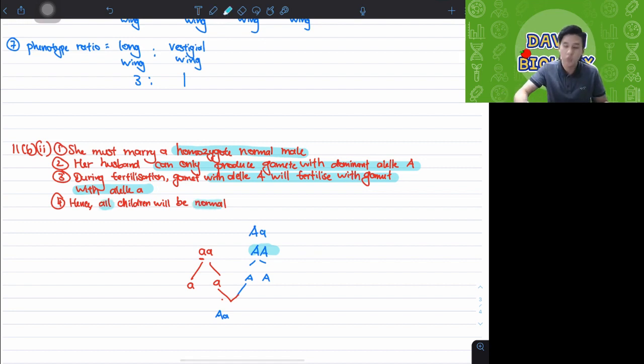All children will be normal. So that's what we explain over here. First, you mention what husband and then what gamete he has. Gamete, fertilization, then the child. Okay, so in inheritance kind of question, we always say what gamete, fertilize with what gamete, then what child you have. So that's the 3 marks over here.